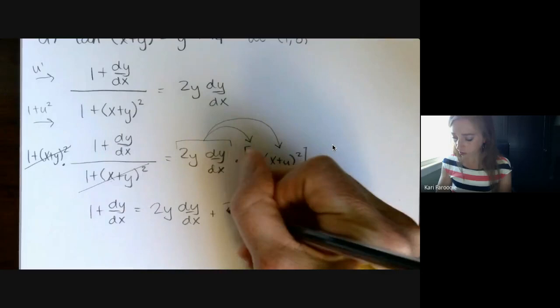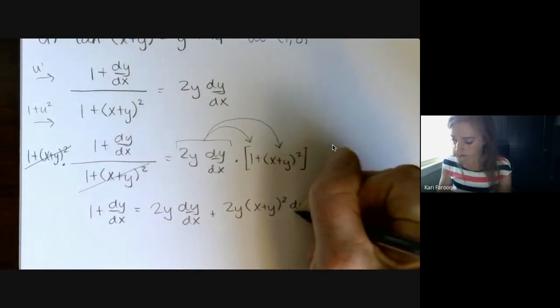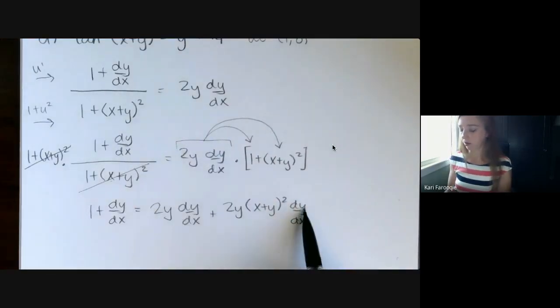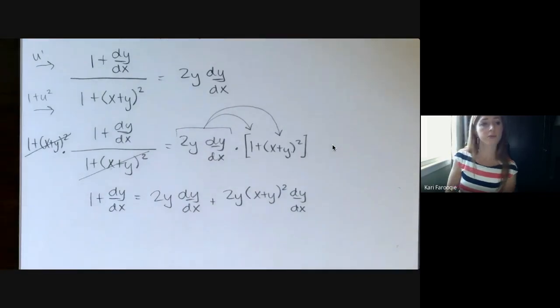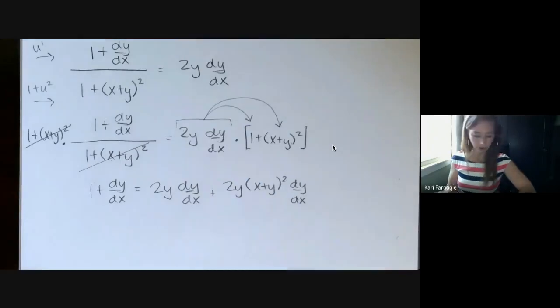For the second term, I'm going to pop my dy/dx on at the end. So I have 2y times dy/dx times (x plus y) quantity squared. Okay, questions there?